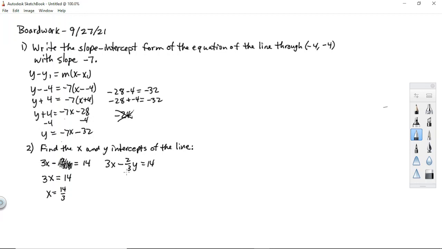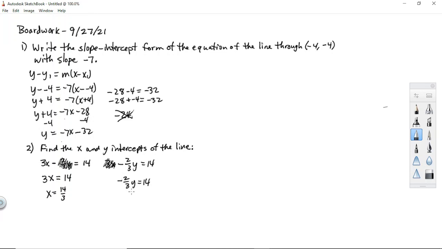That's where it crosses the y-axis, and that means at that point x is 0. So this is the one we can cover up and say, oh, we don't want to pay any attention to that one. We want to just solve for negative 2/3 y equals 14. Because when x is 0, that's what we have.